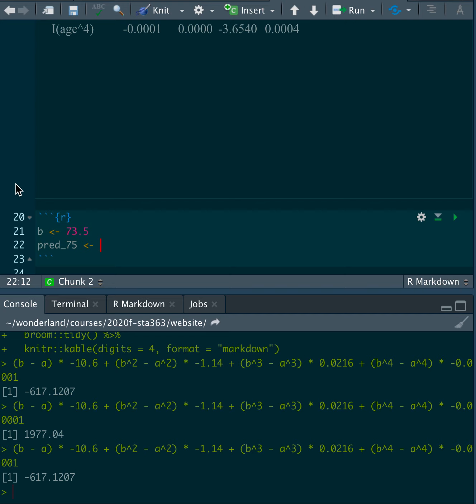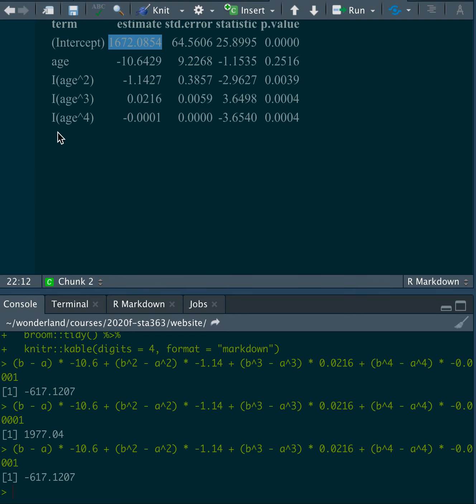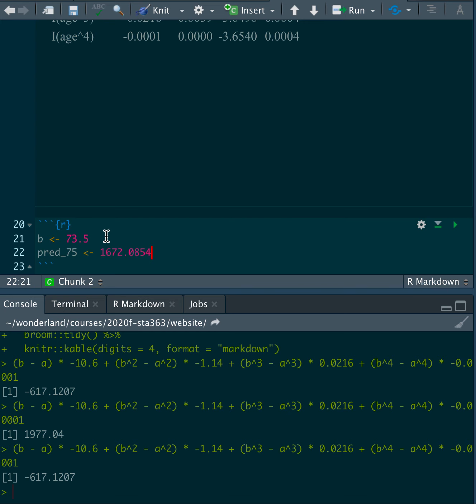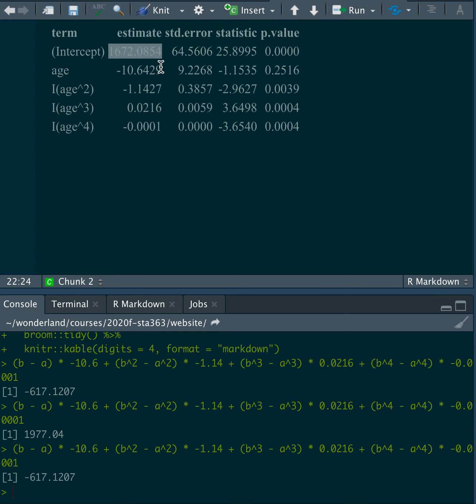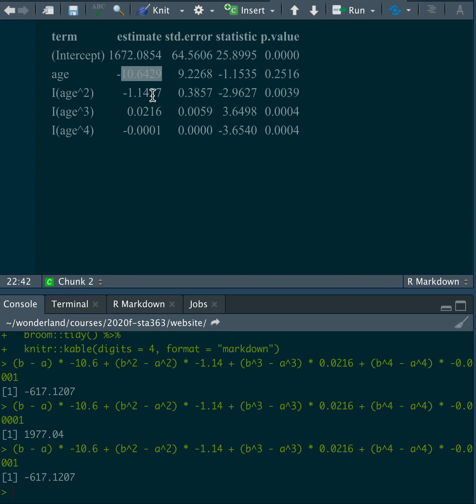So if I was trying to predict what your value would be if you were in the 75th percentile, I would take this estimate for the intercept, I plug that in, plus your estimate for beta 1. And so this has a negative sign in front of it, and I'm going to multiply that by your value here for the 75th percentile, plus, and now it's going to be b squared because we're dealing with the squared term next.